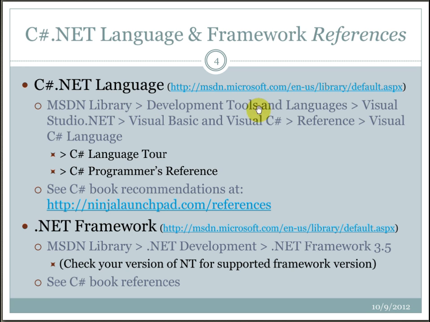You'll click on Development Tools and Languages, and then you'll see Visual Studio.net. You click on that, and then Visual Basic and Visual C#, then Reference, then Visual C# Language, and then you'll see these two links right here. So you can get a tour of the C# language, and then you have the entire programmer's reference at hand right there.